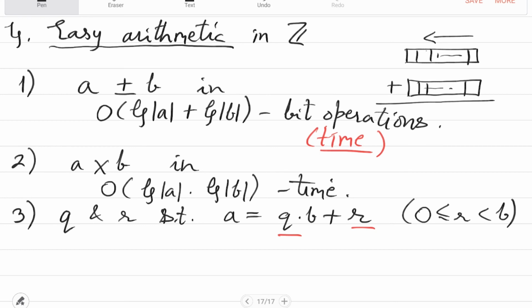Its time complexity is exactly the same as multiplying Q with B, right? Because bit by bit you are discovering the quotient, and then you multiply with the B, and then do a subtraction with the dividend, right? So the time complexity is log of Q times log of B.